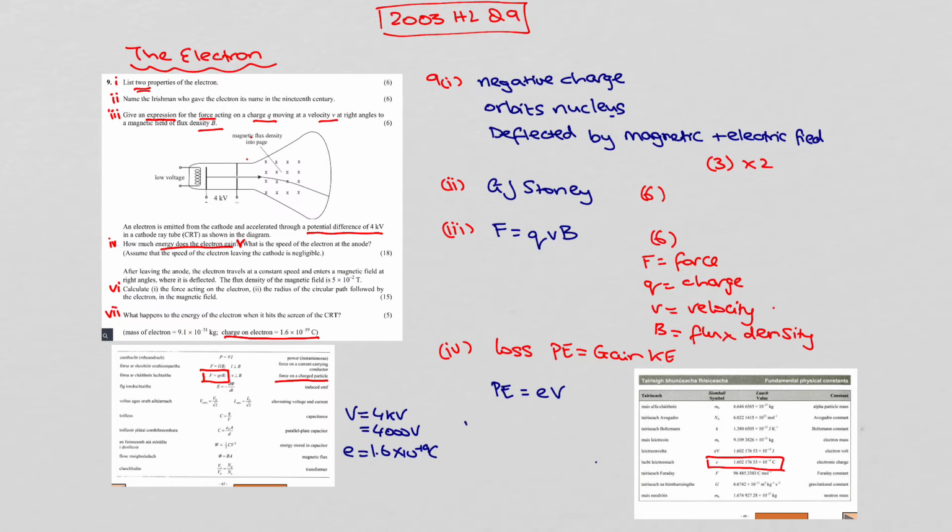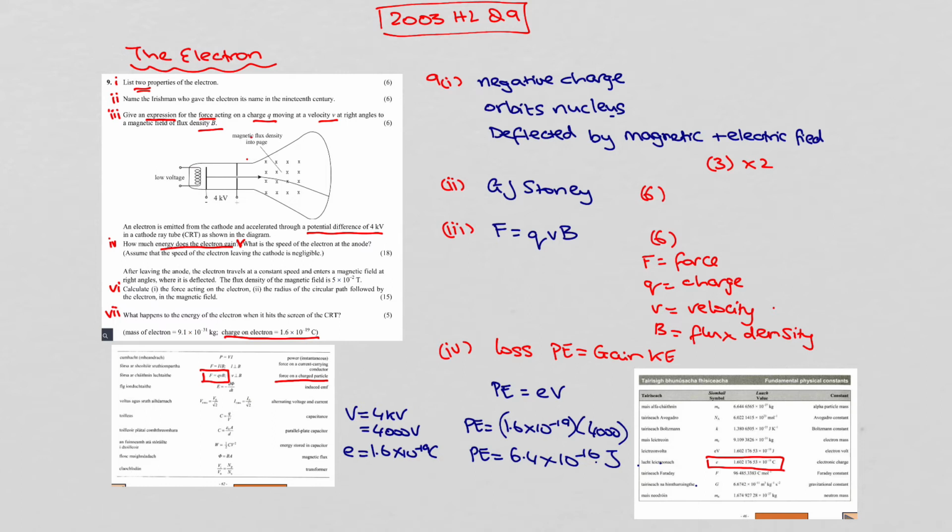So therefore the potential energy is the charge in the electron, so 1.6 by 10 to the minus 19 times 4,000, which gives us our potential energy of 6.4 by 10 to the minus 16, and that's joules.